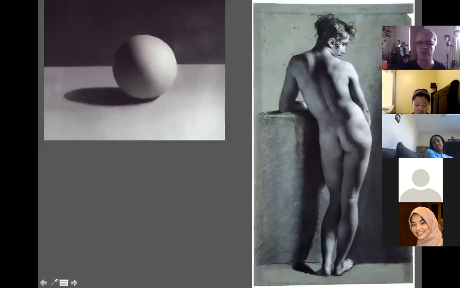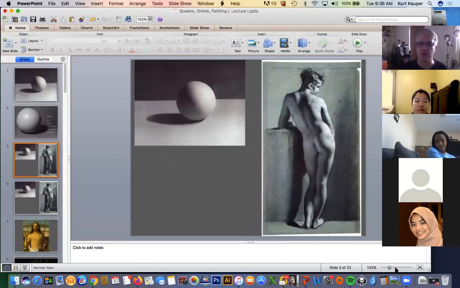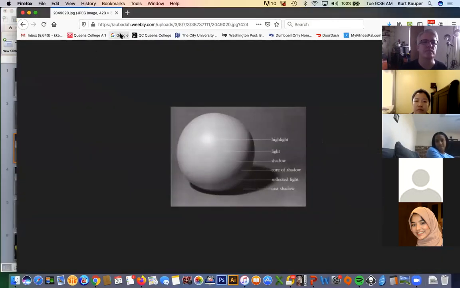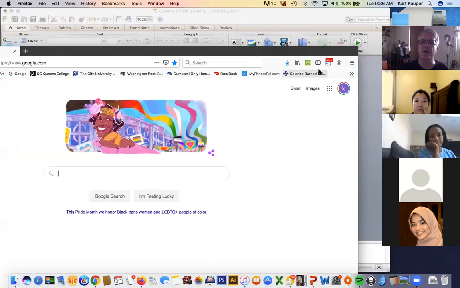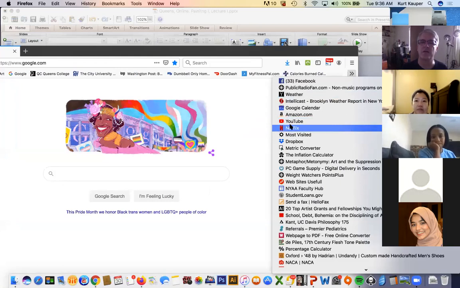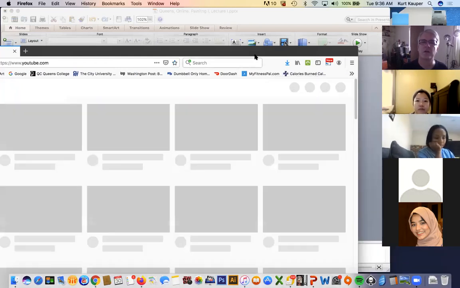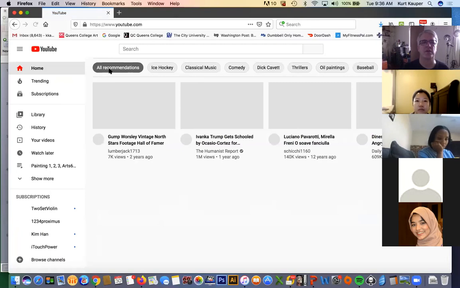So we're going to be looking at these elements of light and shadow fairly extensively. So at the risk of seeming redundant, I do want to show a short video.